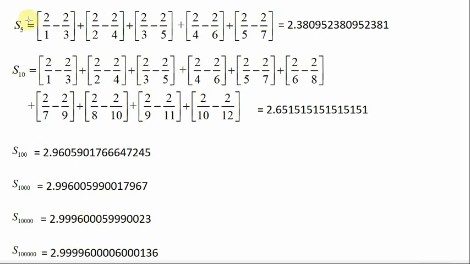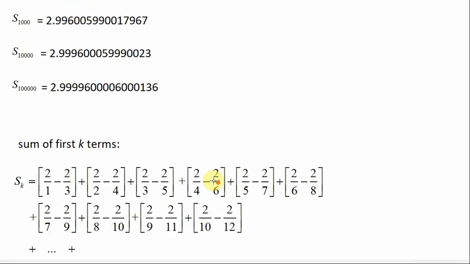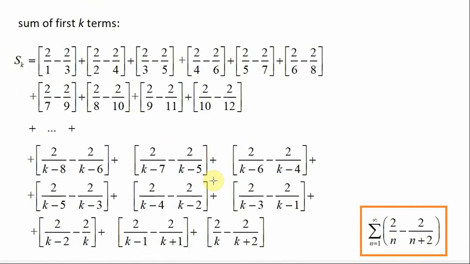These are called partial sums. As n gets larger and larger, the sequence of partial sums is approaching 3.